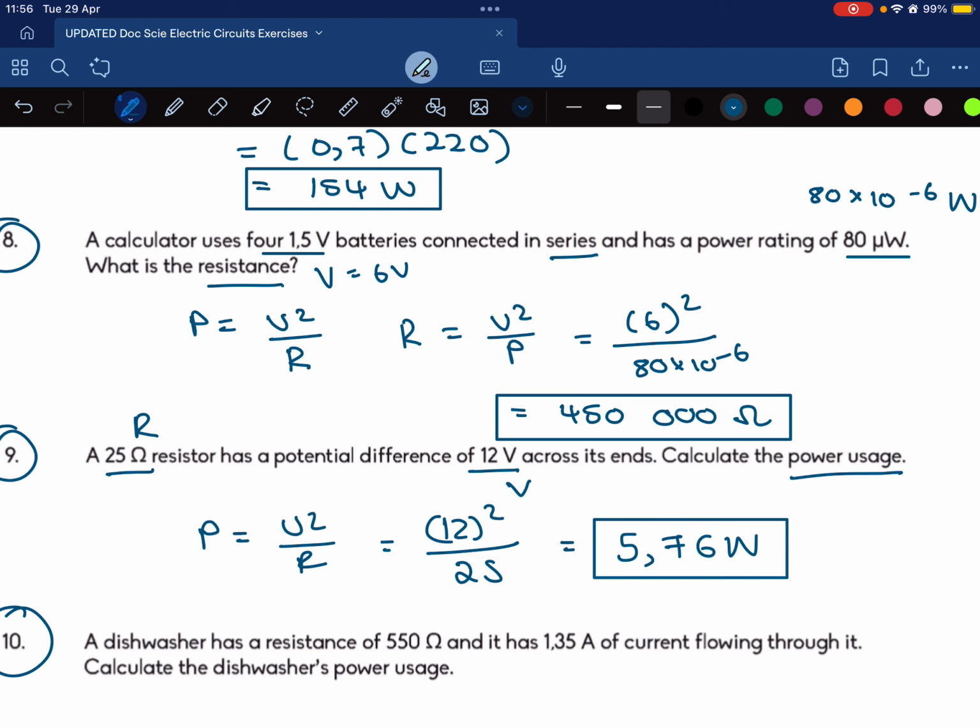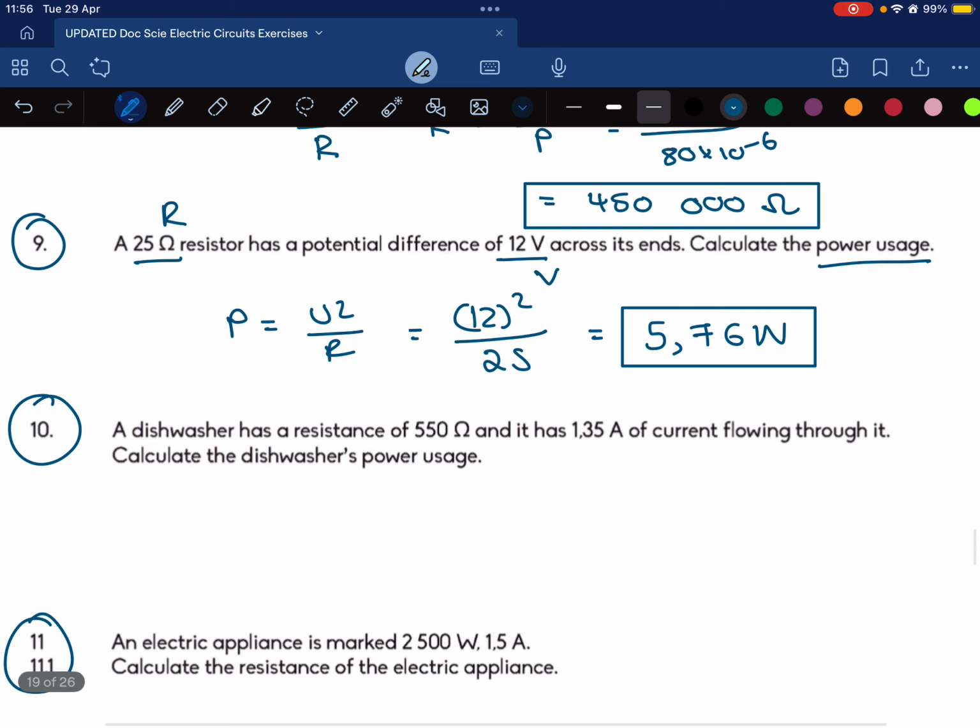Okay, so the next question, it says a dishwasher has a resistance of 550 ohms. It has 1.3 amps of current flowing through it. Calculate the power used.